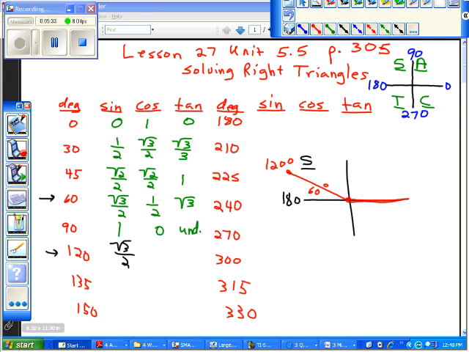But is cosine positive or negative in quadrant 2? Negative, so it's negative 1/2. Everybody see what we're doing? Once you know your reference angles, what's positive or negative where, and the green stuff, you can fill in everything else. So, reference angle 60. What's tangent 60? Square root 3, but we're in quadrant 2. Tangent is negative in quadrant 2, so it's negative square root 3. Everybody understand that?